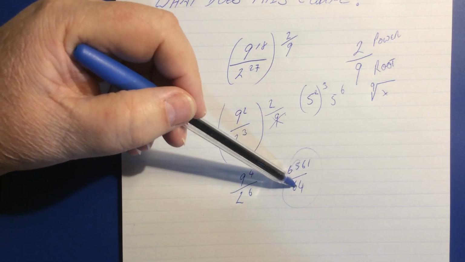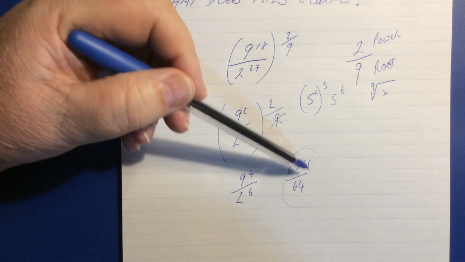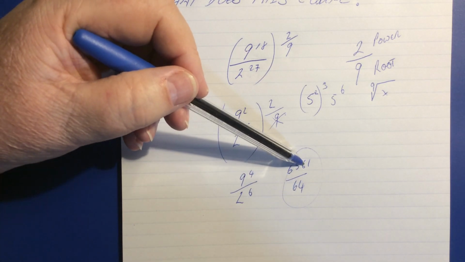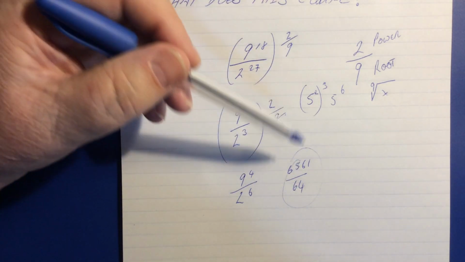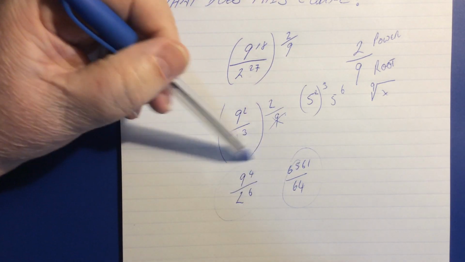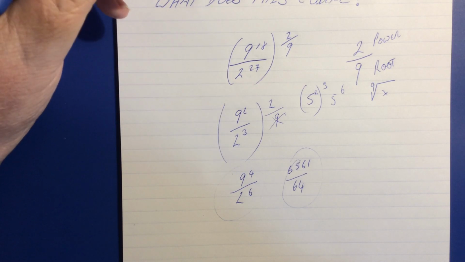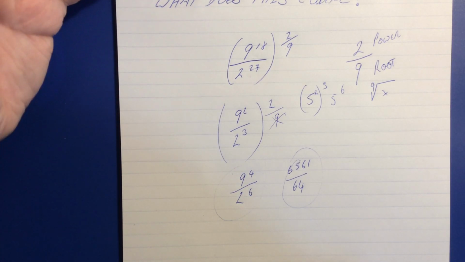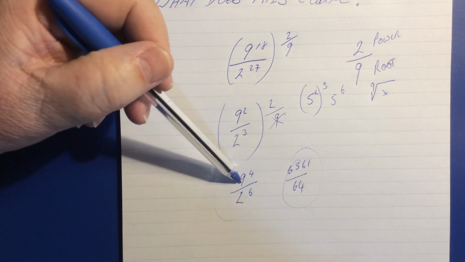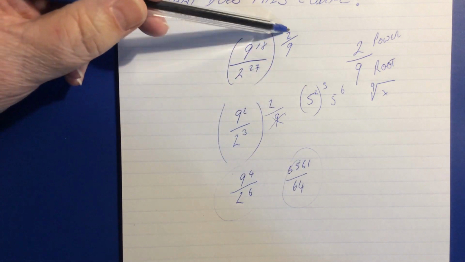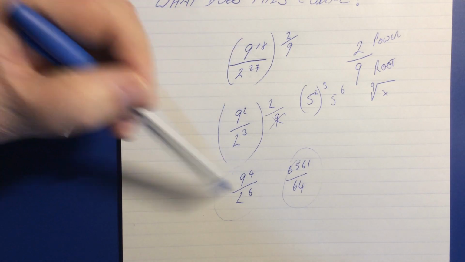As I said, it won't simplify easily because that's an even number and that's not. So I can't play the old trick with just dividing by 2 and seeing what I get. So I'm going to leave the answer like that, 9 to the power of 4 over 2 to the power of 6. The purpose of this lesson was not about simplifying that or even expanding this. It was about explaining how we get from here to here.